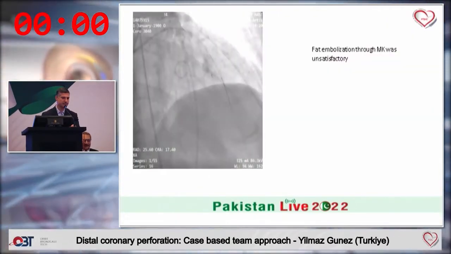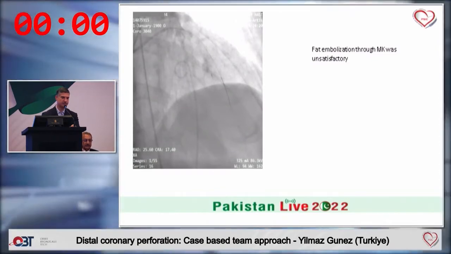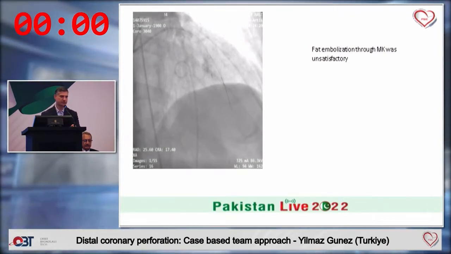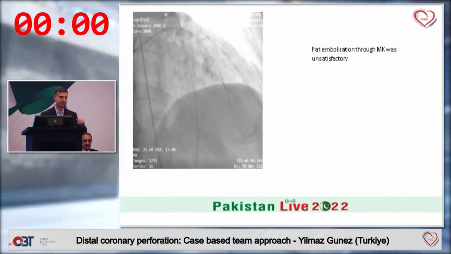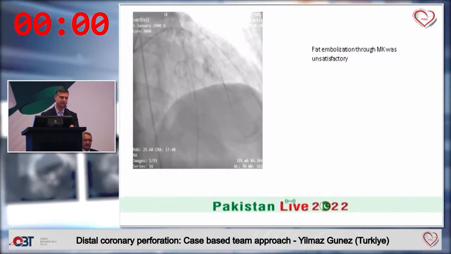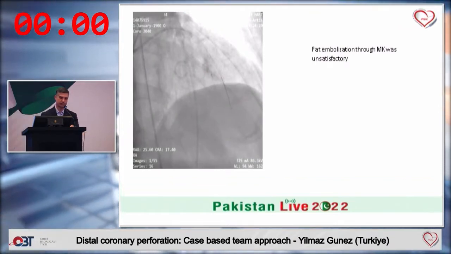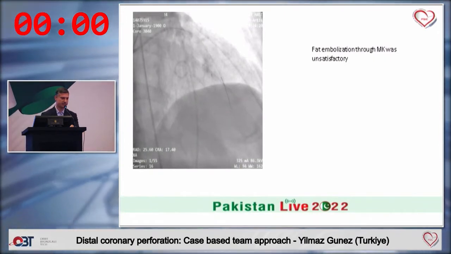But there was still extravasation ongoing, and we tried fat embolization through a microcatheter. You know, the gravity of fat is lower than water. Therefore, when you face down the entry of the microcatheter and after filling the microcatheter with fluid, they go towards distal. But that was not satisfactory in our case.